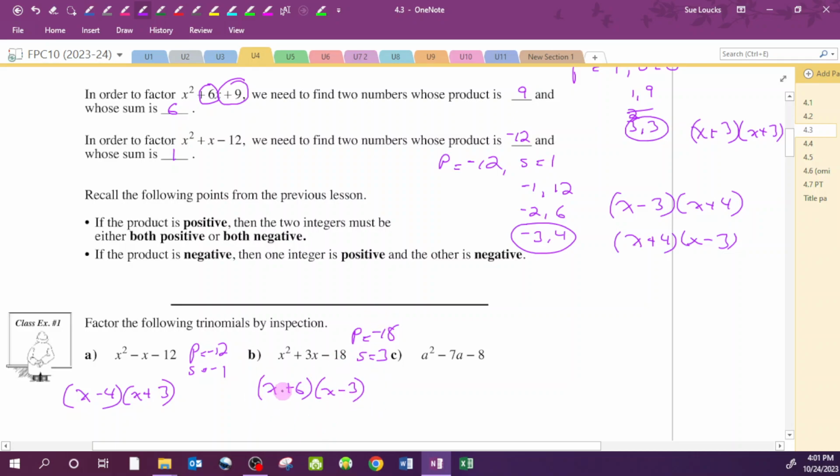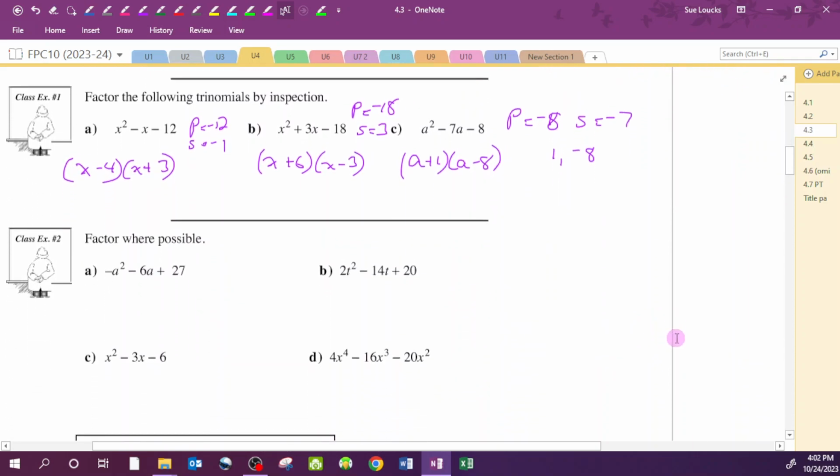Now, I'm able to do that quickly just because I have lots of experience and practice with it, but I would use this strategy of listing all the possible pairs. My product here is negative 8, and my sum is negative 7. So this is going to be 1, negative 8, and that's going to work. So I get a plus 1 times a minus 8, and if I multiply that out, I'm going to get my trinomial.